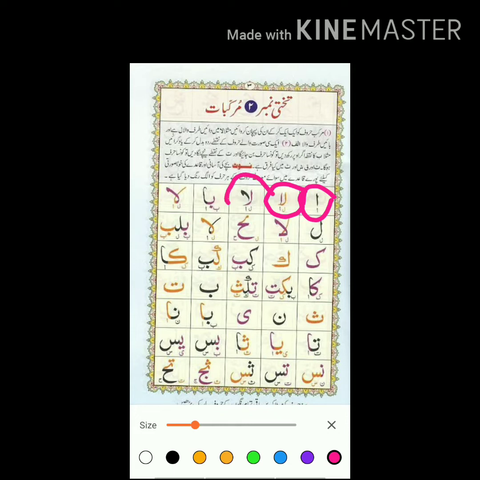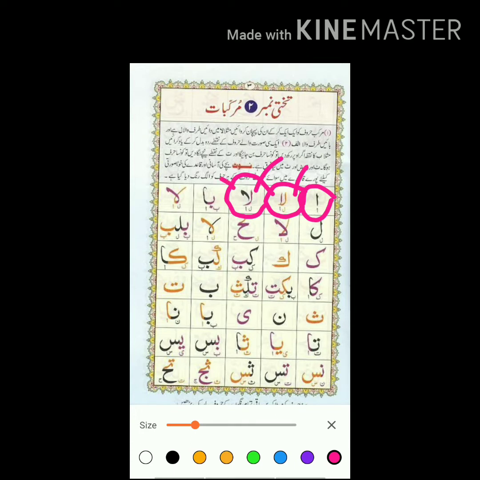Now moving to the third box, again the first letter, which you are seeing in purple color, this shape is also resembling lam. So the first letter is lam, and the second letter, which you are seeing in black color, is alif, because it is a straight line. The difference between this box and this box is the position of alif, the position of the straight line.